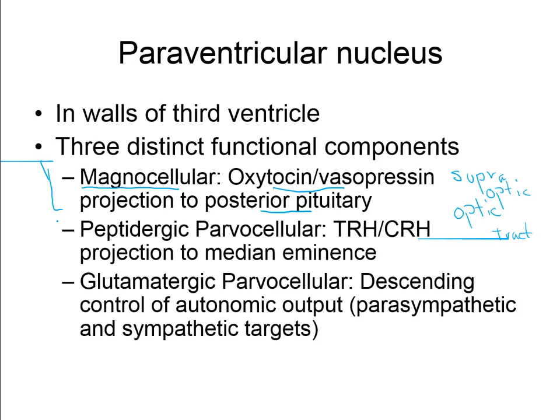There are two other components, one of which is a peptidergic component of little cells, and they secrete thyrotropin-releasing hormone and corticotropin-releasing hormone. What do those control the release of? Thyroid-stimulating hormone and ACTH.